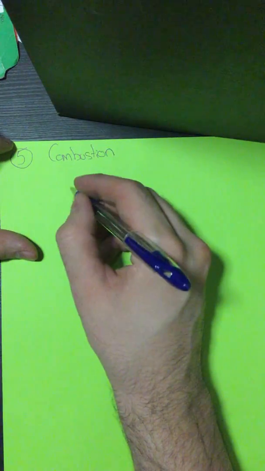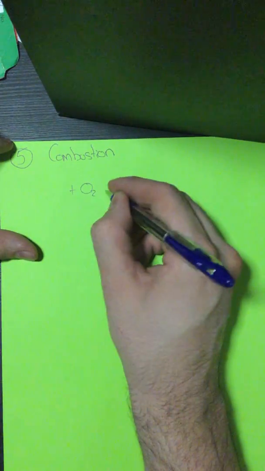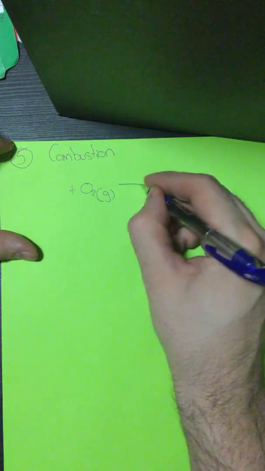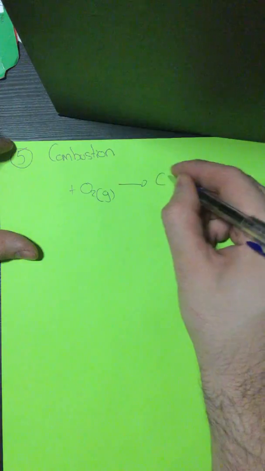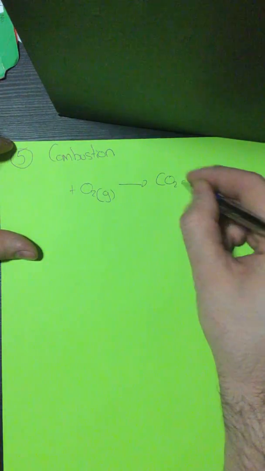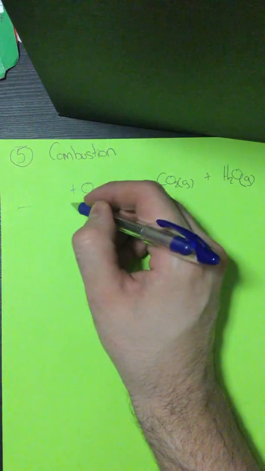So you always need oxygen. And when we're talking about hydrocarbon combustion, you'll always end up with the same 2 products, CO2 gas and water vapor. So outside of that, really, the only thing you have left to consider is what you're actually burning.